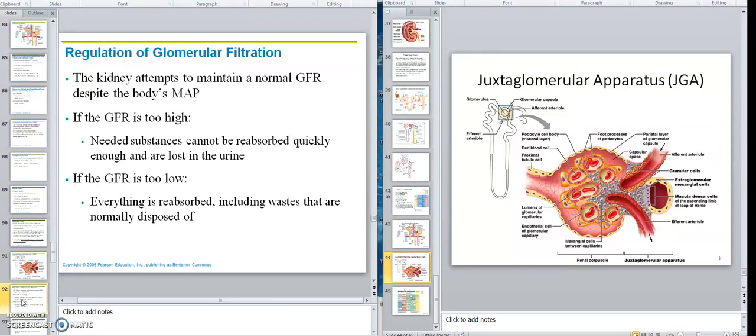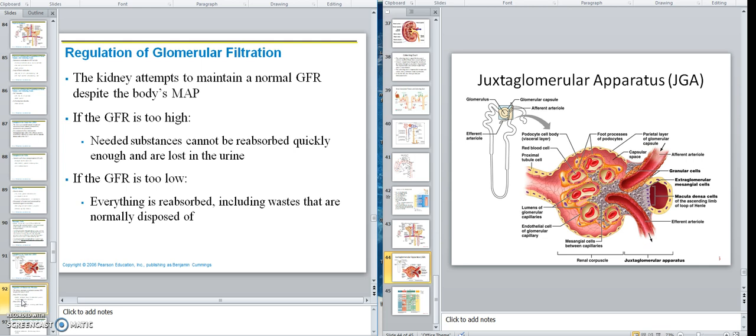Okay, this is where we get to the fact that the kidney needs to try to maintain an adequate glomerular filtration rate. So listen to me. We said that the glomerular filtration rate normally is about 125 milliliters a minute. That's what we came up with. Okay, 125.